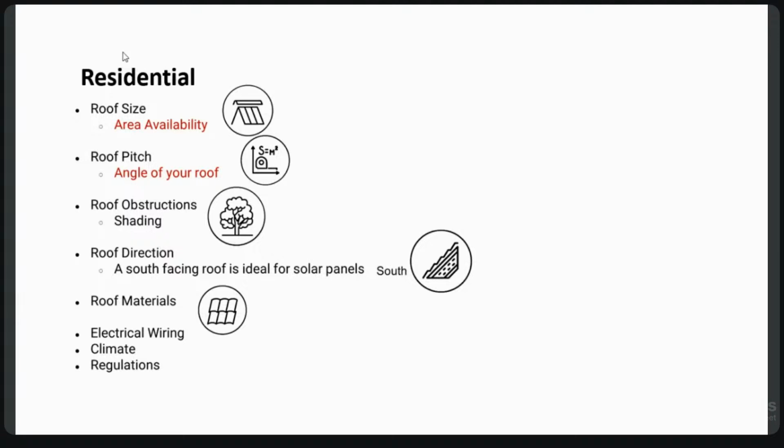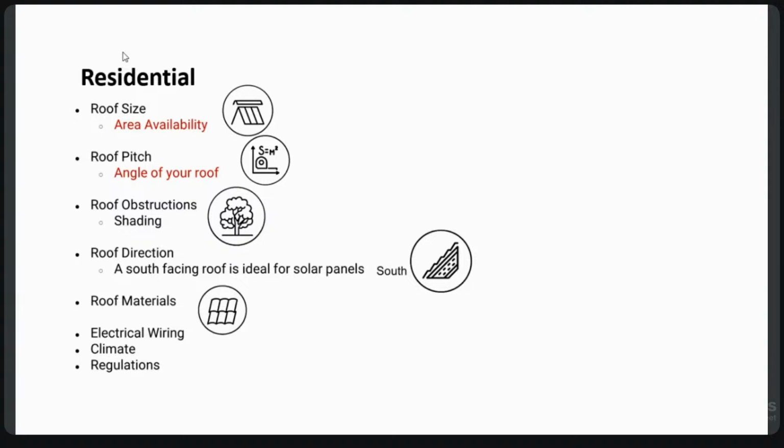So we need to know the roof pitch, any shading or roof obstruction, and the direction of facing. Some houses face south, some north, some directly east, or some west. So we need to know the spacing generally.